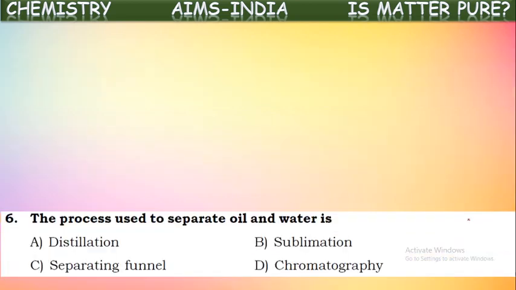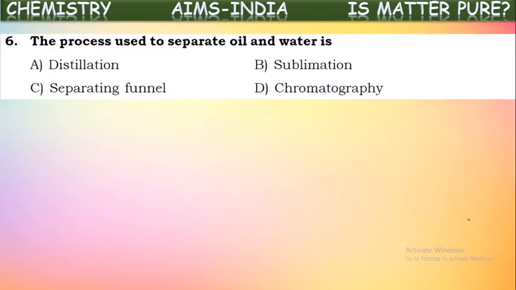Okay, filtration. The process used to separate oil and water. What kind of mixture is this? Oil and water. We know both are liquids, but oil won't dissolve into water. This kind of mixture is called immiscible liquids. The mixture of two liquids which do not dissolve into one another is called an immiscible liquid mixture.